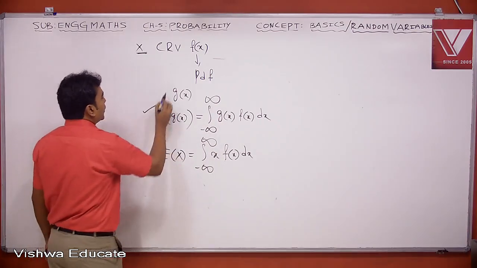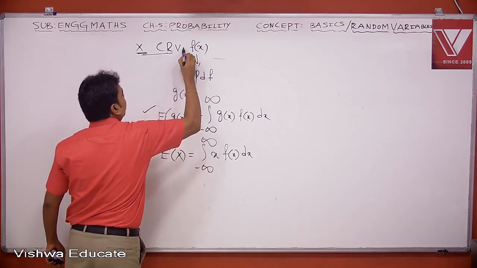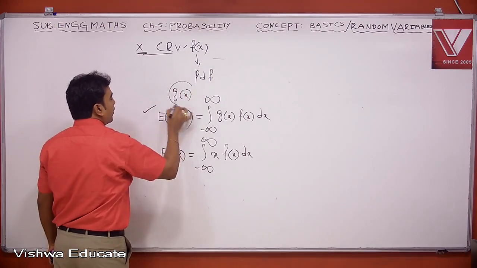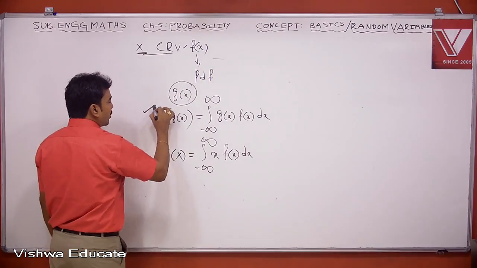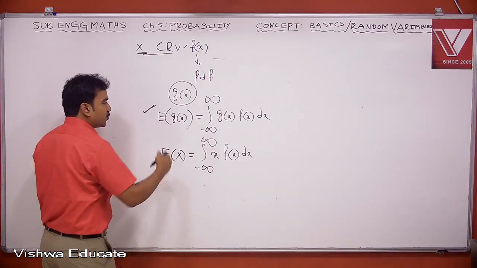Therefore the conclusion is, if x is a CRV with a PDF f of x and g of x is any function, then expectation of g of x is this. Note this point.